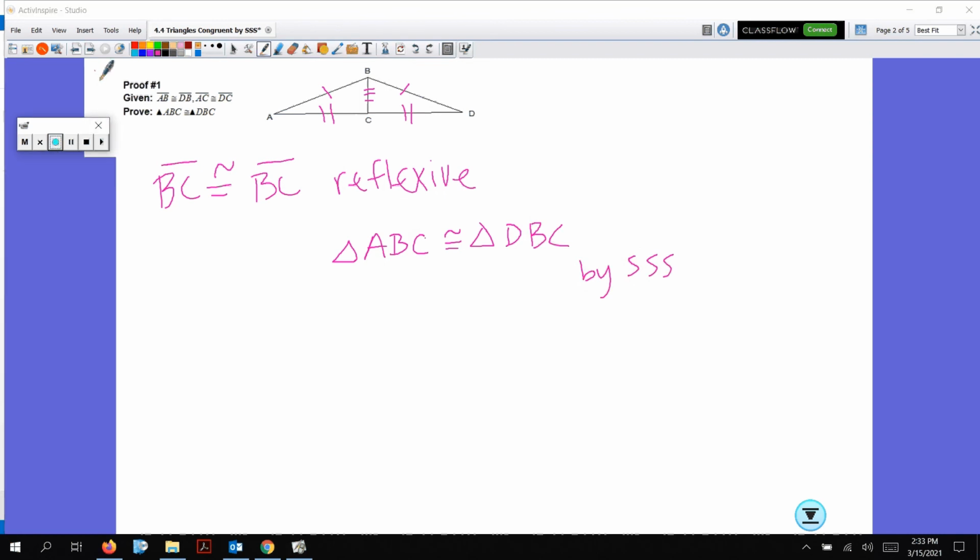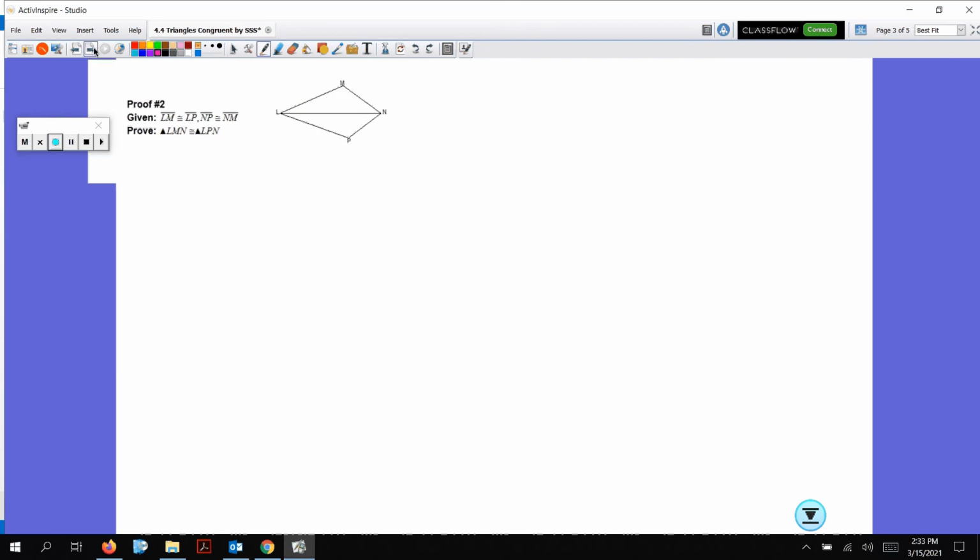Okay, let's look at a couple more examples here, okay? So here's another similar triangle that we have here. We have this given information that LM is congruent to LP and NP is congruent to NM. And we already know that LN is congruent to LN because it's reflexive.